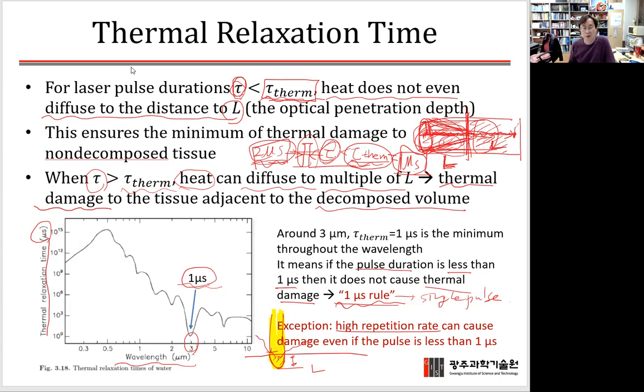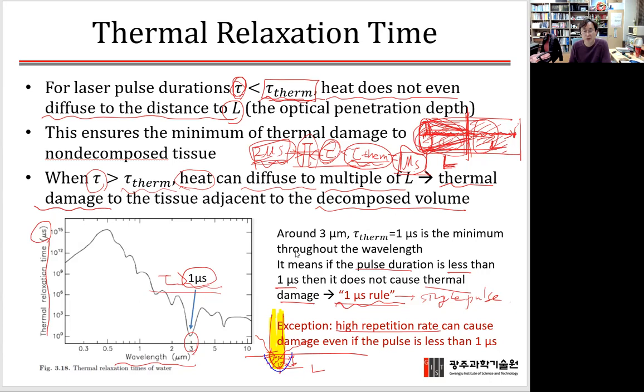But if you have a pulse duration longer than 1 microsecond, then the heat generated from this tissue has enough time to transfer to surrounding tissue, so that this laser pulse will not only decompose the tissue here, but also affect the surrounding tissue, maybe around here.